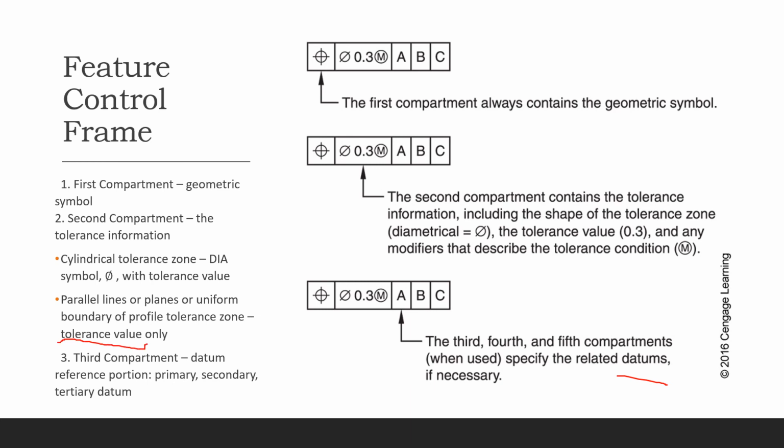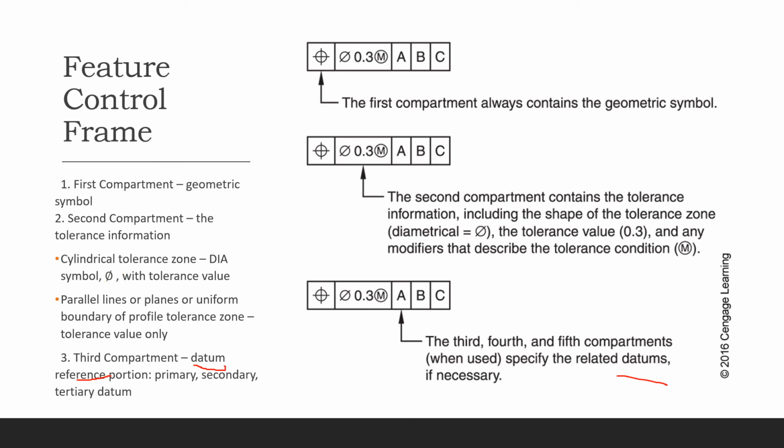For a cylindrical tolerance zone, we're going to put it with the diameter. The third component is all about datum, the reference portion right there. We have your primary, your secondary, and your tertiary datum.